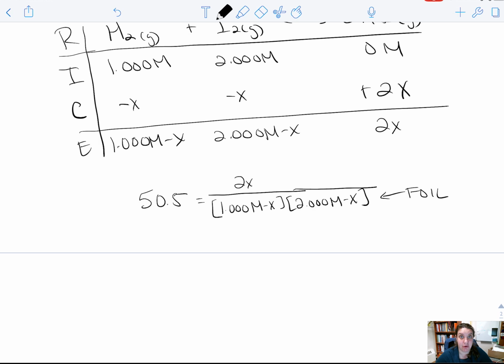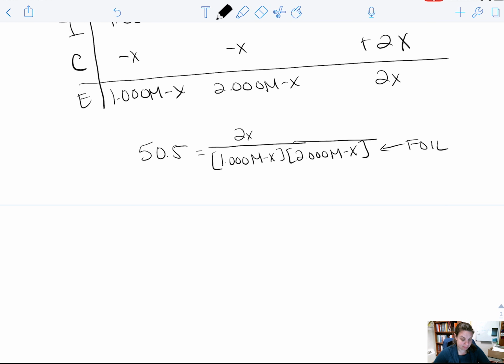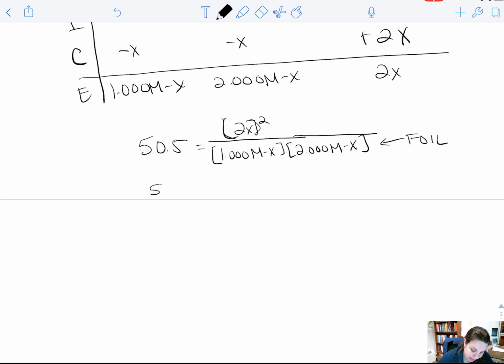If you do not remember how to do FOIL, it's first, outer, inner, last. But that doesn't make any sense. Please come see me. Sorry, this is squared at the top, because there's a 2 right there. So what we end up getting, once we do some simple math, is 4x squared on top after we took the 2x and squared it, and then x squared minus 3.000x plus 2.000 on the bottom.